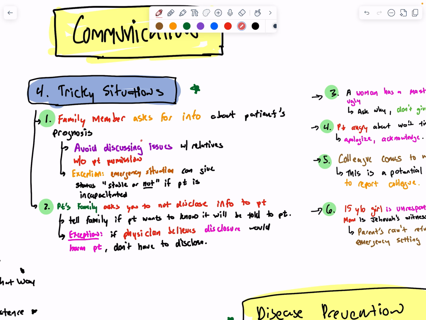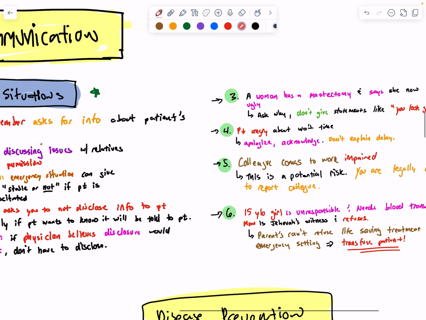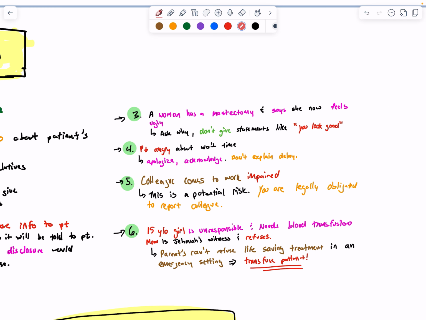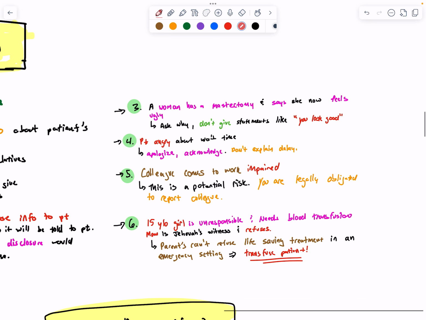However, there's an exception: if the physician believes the disclosure would harm the patient, they don't have to disclose the information. Otherwise, if the patient wants to know, it is up to them whether or not they receive the information, right? The patient can ask to not receive that information, but it is their health information. They have the right to know it overall, if they want to know it.